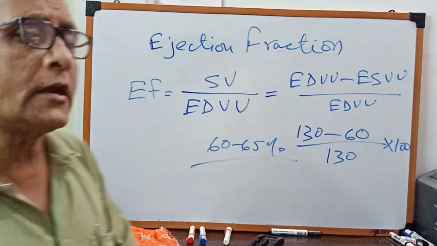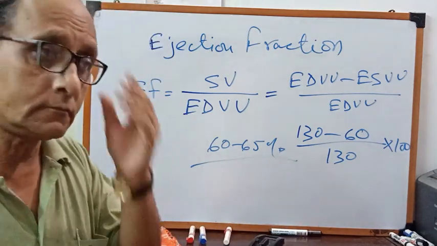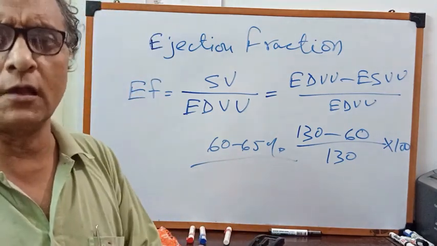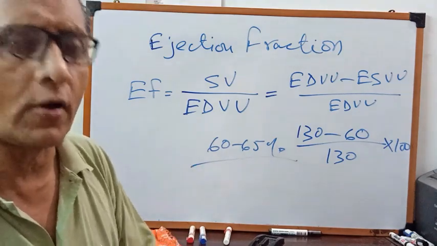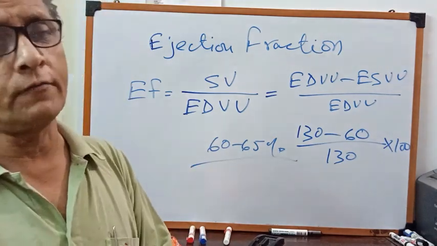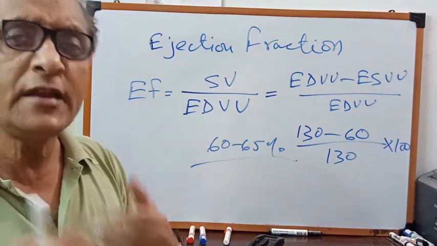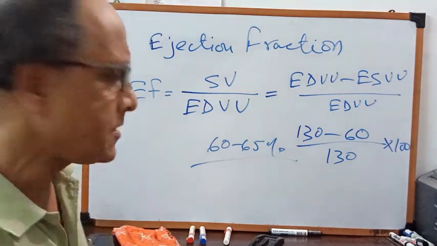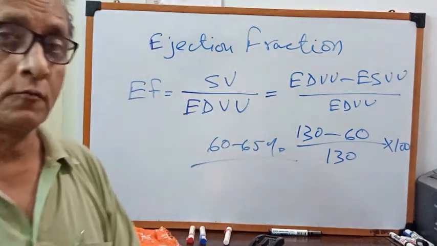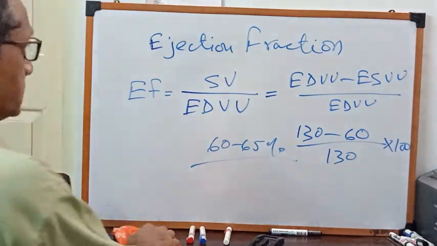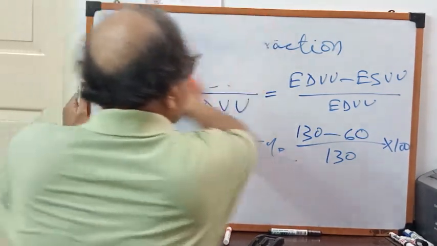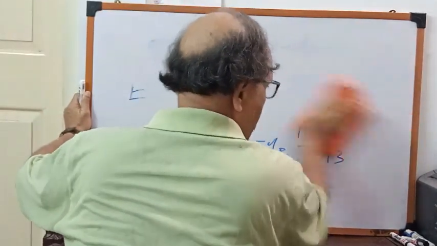If we recapitulate, a few definitions are very crucially important for our purpose: cardiac output, stroke volume, EDVV, ESVV and ejection fraction.